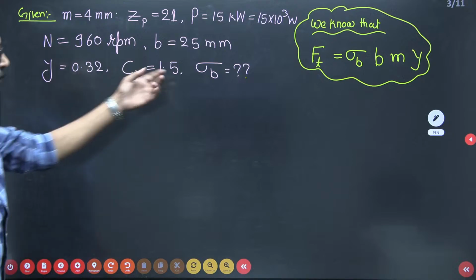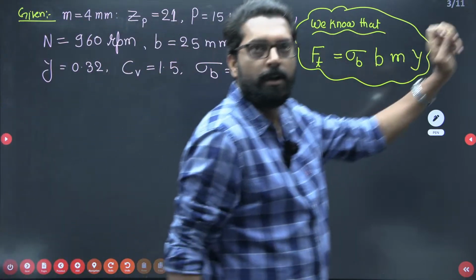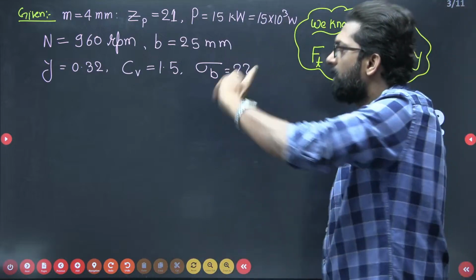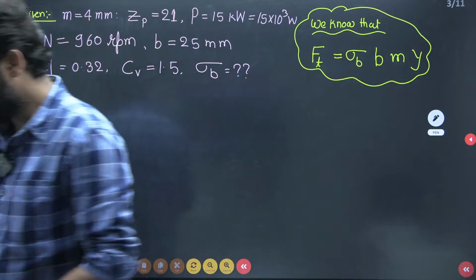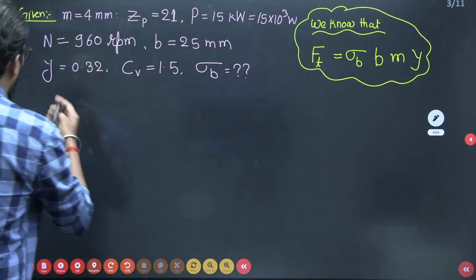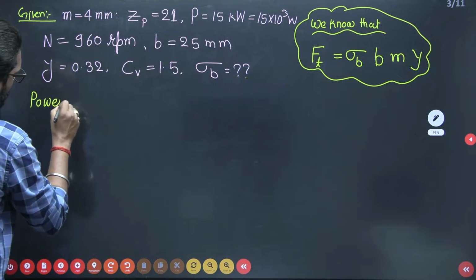So first, to find the beam strength, the power transmission data is given. From the power transmission, you can easily find the torque transmitted.